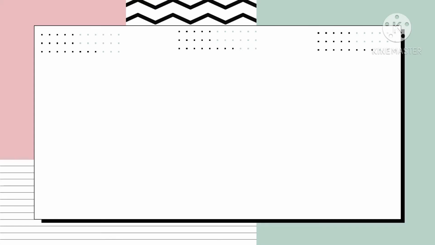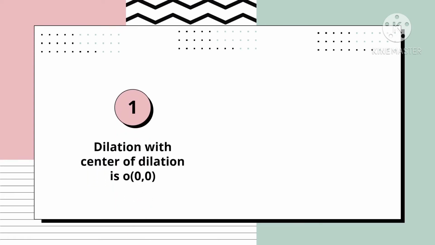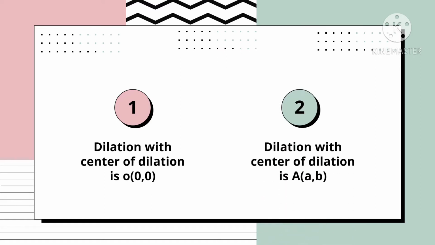There are 2 kinds of dilations. The first is the dilation with the center of dilation at the point O with coordinates (0, 0). The second is a dilation with the center of dilation at a random point A with coordinates (a, b).